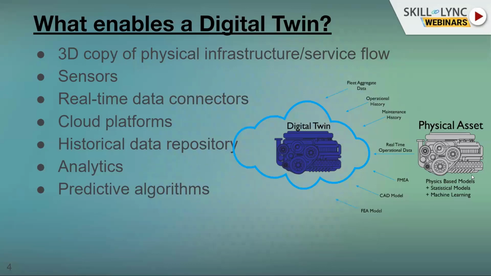So what is a cloud platform? The cloud platform is where all these things are interconnected, because of which you can even see that in the mobile. So these sensor data will be connected through the real-time data connectors, and those connectors will be pushing the data to the cloud platforms.